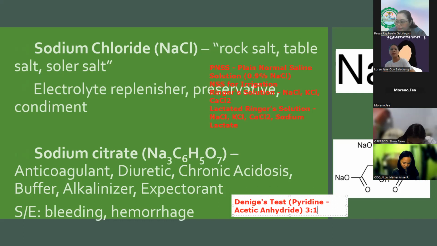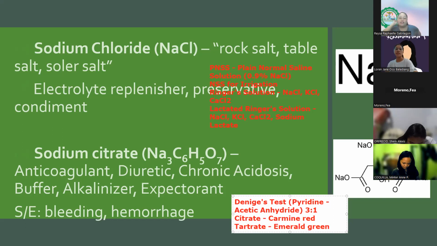And then, if citrate ang laman ng ating preparation, the solution will become carmine red. Okay? Pag tartrate naman ang laman niya ng ating preparation, the color will be emerald green. Okay?